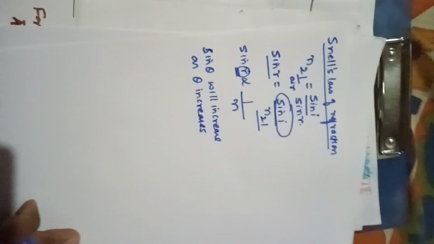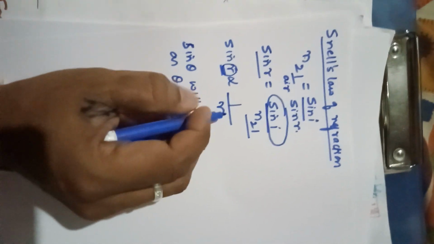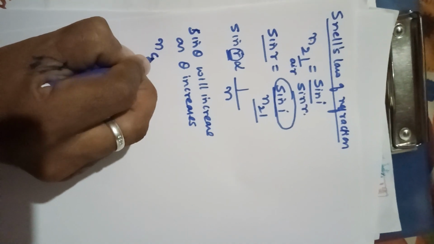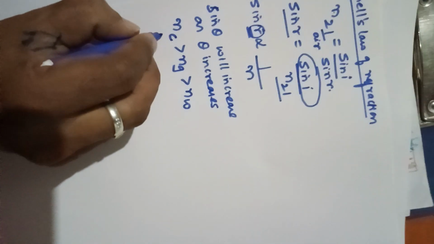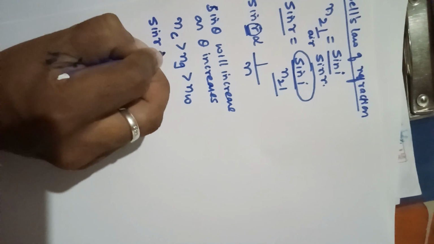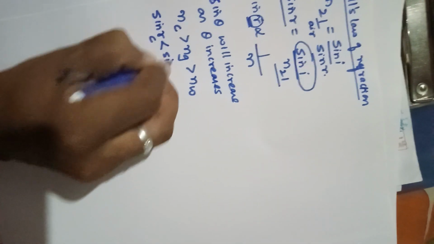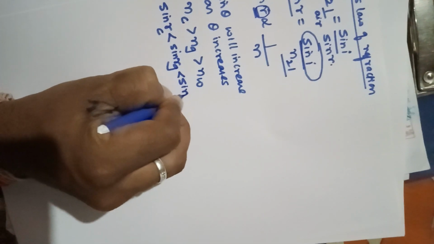So here, how is sine r dependent on refractive index? It is inversely proportional. And rewriting this, nc is greater than ng is greater than nw. So we can write sine rc is less than sine rg is less than sine rw.